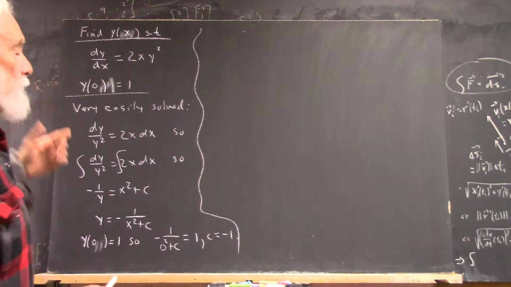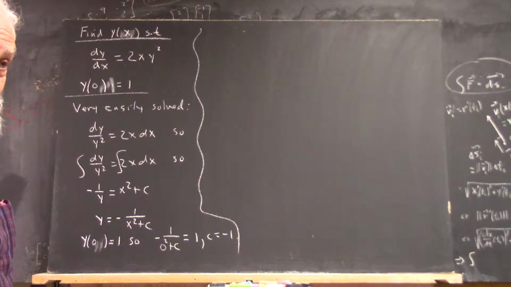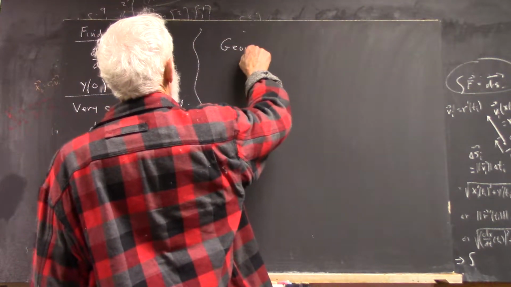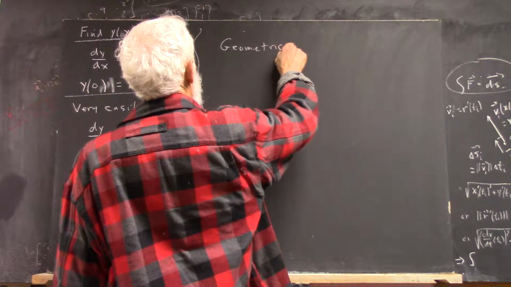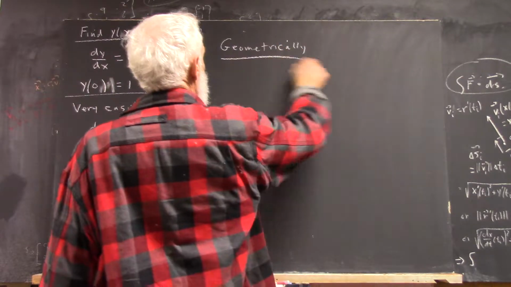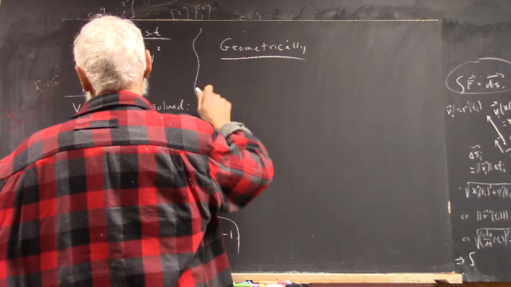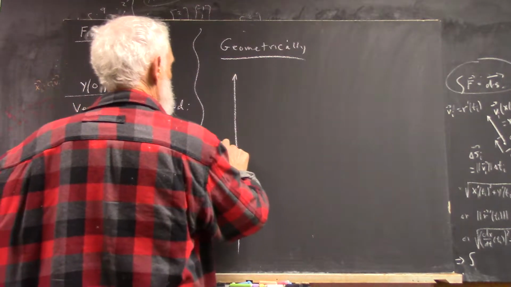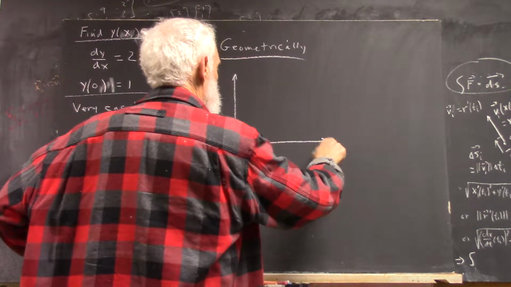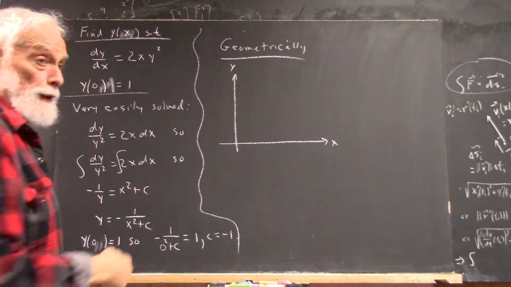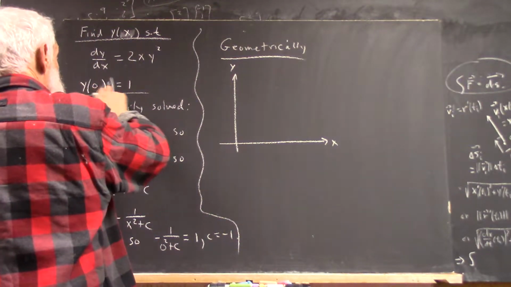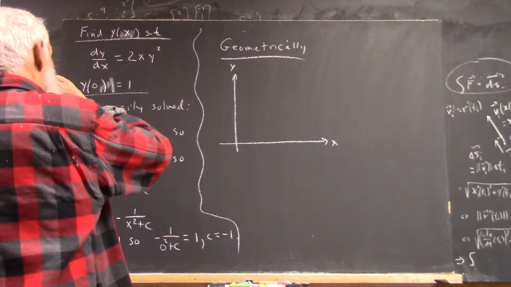we want to look at the geometry of this situation. Geometrically, we have y versus x, and we know that when x is 0, y equals 1.